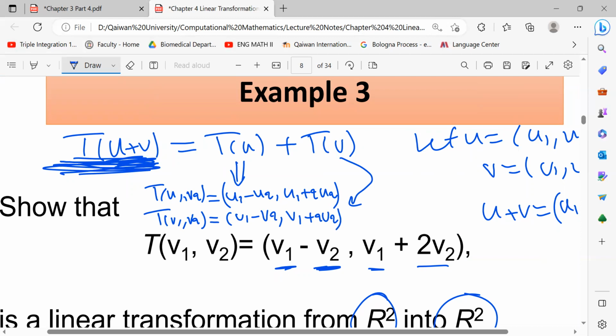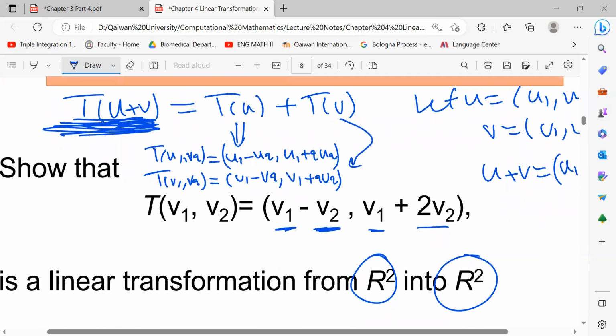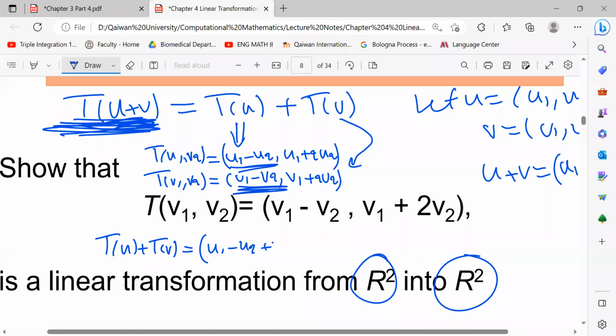Then let's find the sum of these two, because on the right hand side you have the sum of these two functions. We just add the corresponding elements. T of U plus T of V is equal to U1 minus U2 plus V1 minus V2.